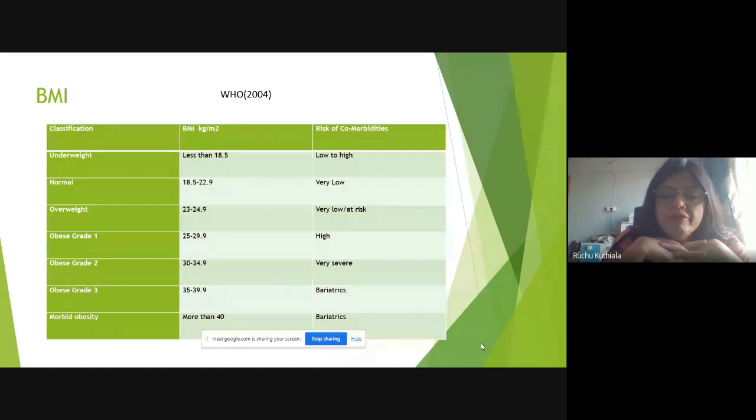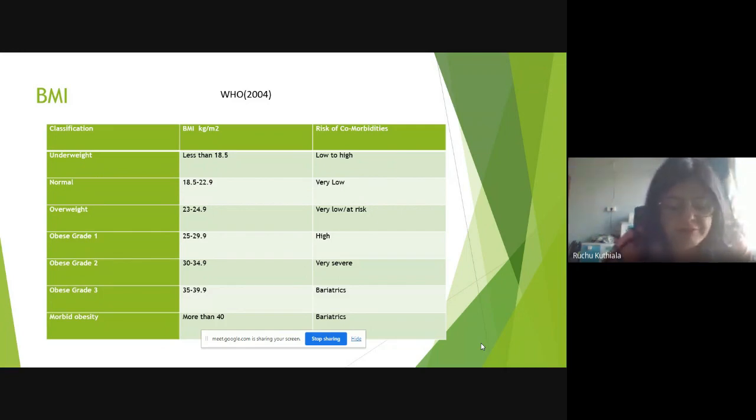If your answer is coming 17.9, that means you go under the underweight grade, where there is a low to high risk of suffering from comorbidities. So let us understand this range one by one. The units are kg per meter square, which are constant for all the categories.